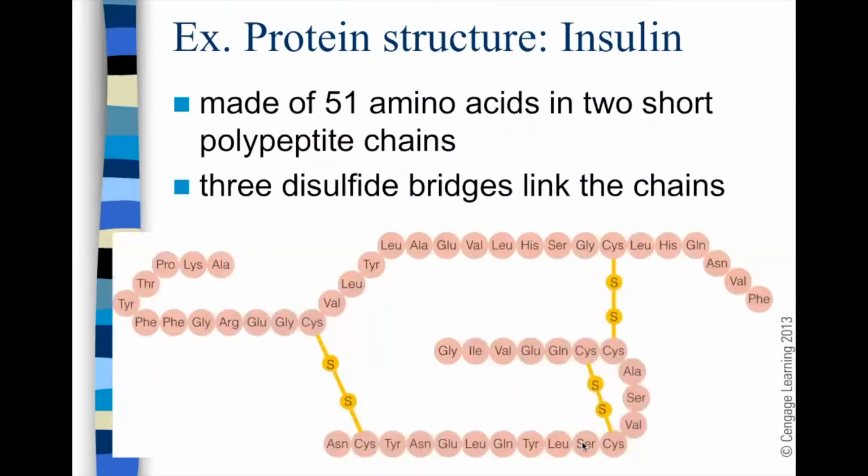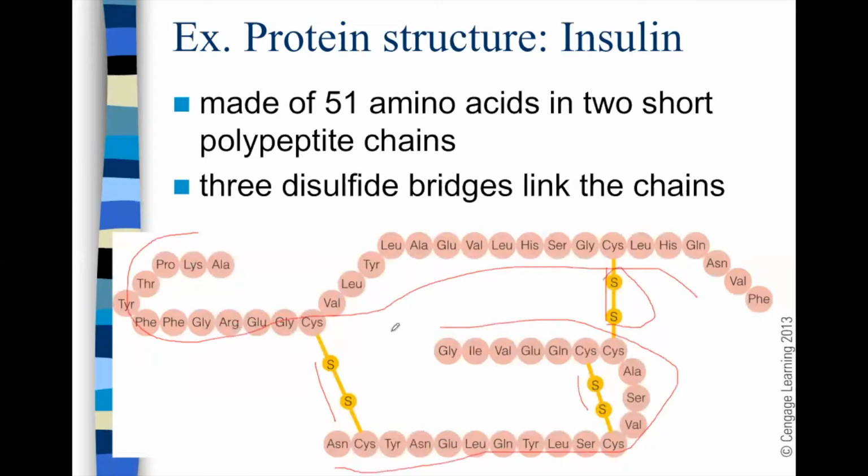So here is peptide structure and protein structure in a little bit easier to see form. Here you have one big polypeptide, and you can see it's kind of bent a little bit, and then you have a second polypeptide here, and they are interacting and folding with these sulfur bonds, which are considered disulfide bridges.